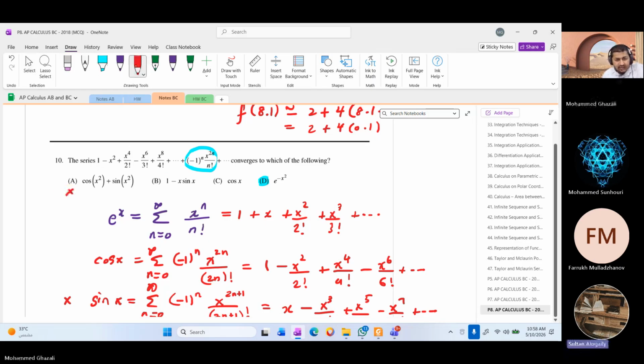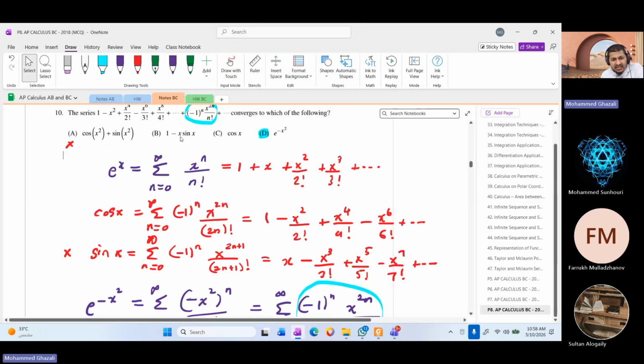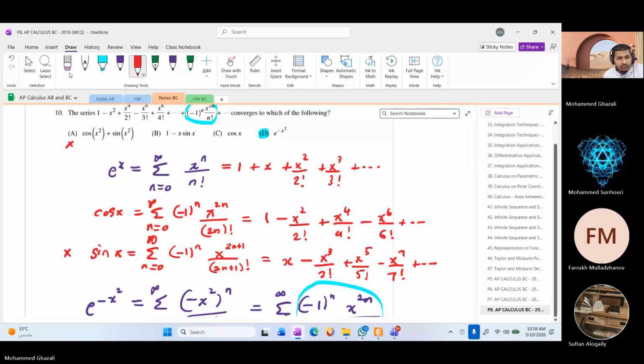What does B give you? Let's check. x times sine x. So if I multiply this by x, I will get x squared. And if I multiply this by x, you have to check the fourth term as well.